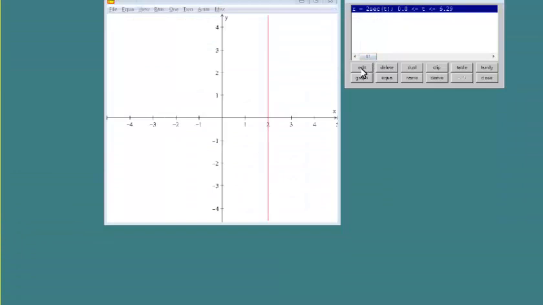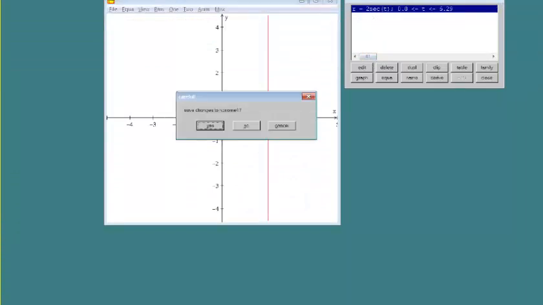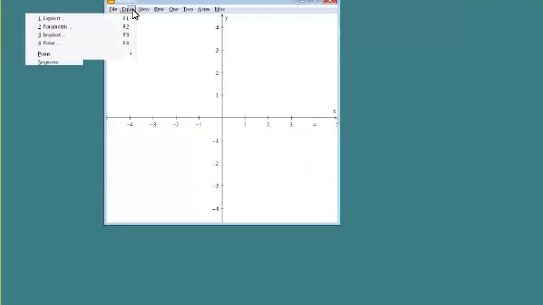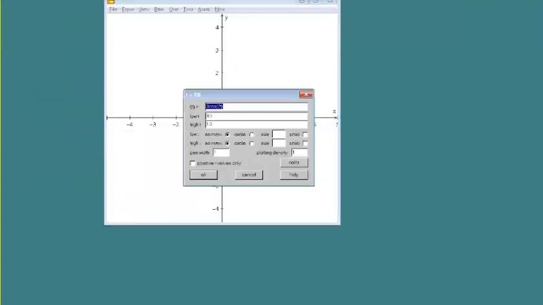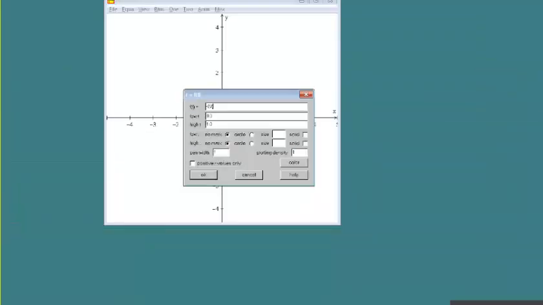So let's close out the last problem. Create a new graph. In polar coordinates, we said it was negative 2 divided by 3 cosine of t minus the sine of t.